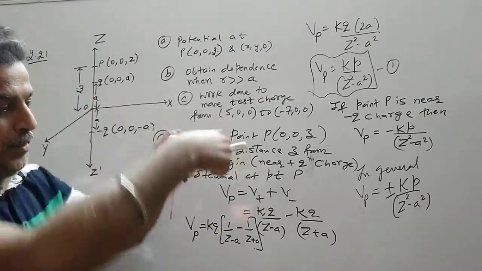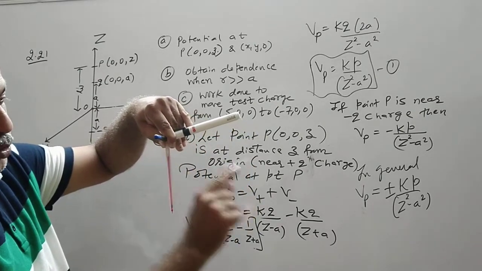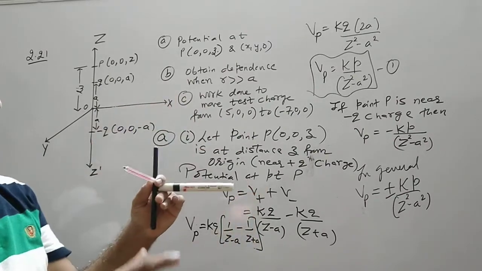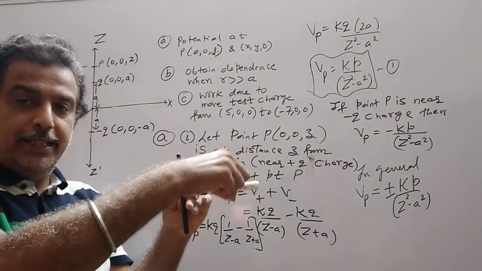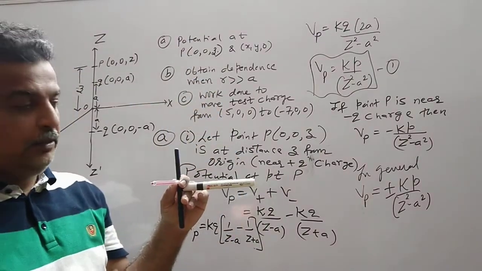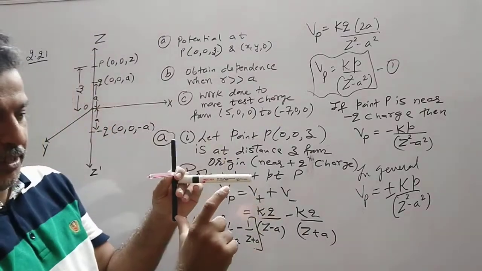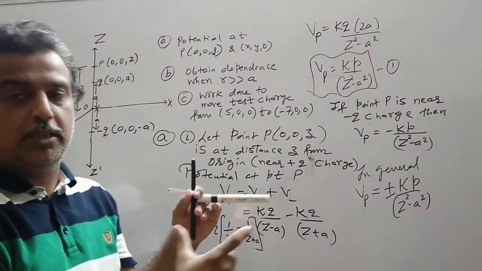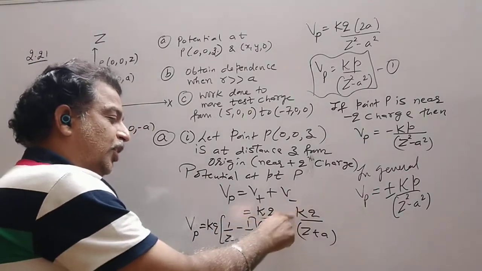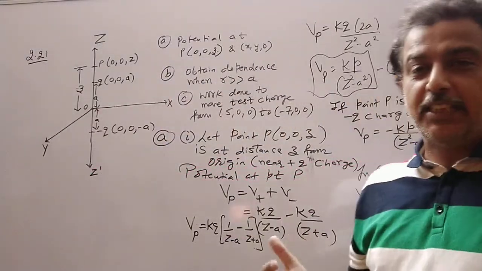So for point P in the xy plane, this distance, say it is r, and this distance is also r, the distance between test and source. So kq upon r, then the source is negative, minus kq upon r, so the potential comes out to be 0.